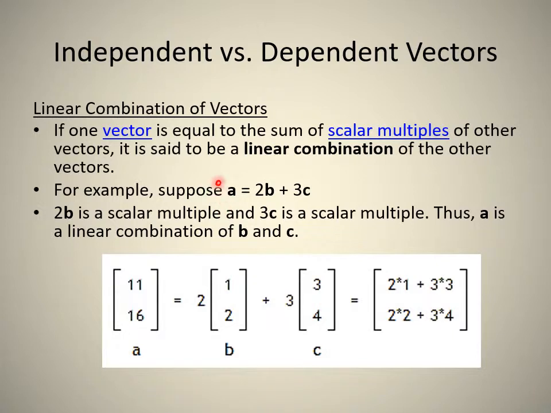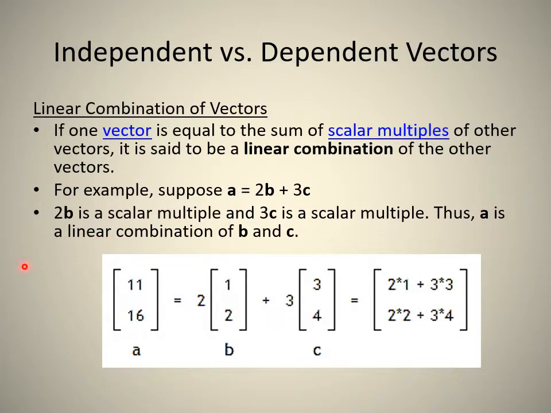So, let's say in this case A, which is a vector, is 2 times B plus 3 times C. So you can see that A is dependent on B and C in this case, but there's also a constant value that B and C are being multiplied with.